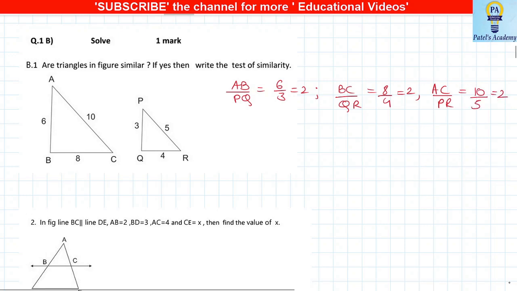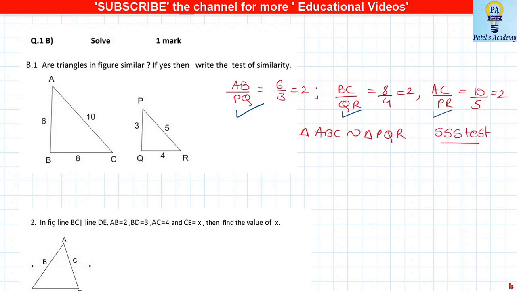So all the ratios are equal. So we can say that triangle ABC is similar to triangle PQR by SSS test. So the test is SSS and your answer is yes, the triangles are similar.